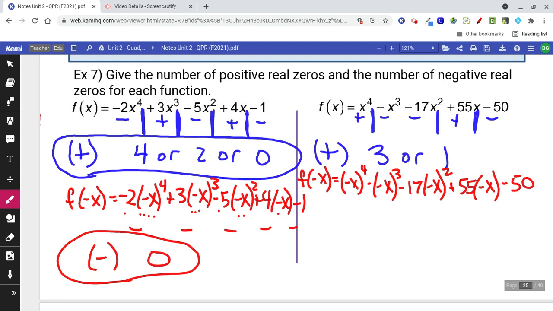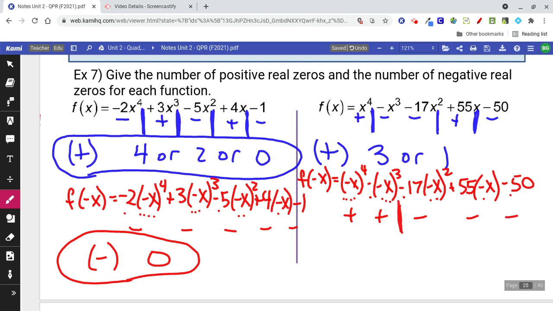All right, now the first term, you've got 1, 2, 3, 4 negatives. That's positive. And then you've got this negative in the front, but then 1, 2, 3 more negatives. That's 4 negatives. That's positive. A negative here, and then squared, that's 3 negatives, so that's negative. This one only has 1 negative, so that's negative. This one has 1 negative, so it's negative.